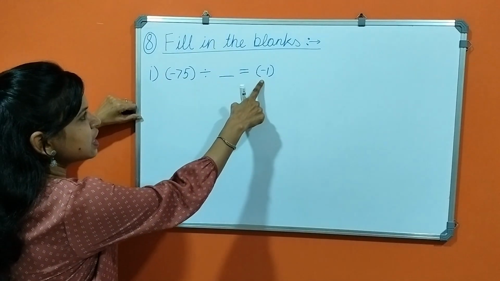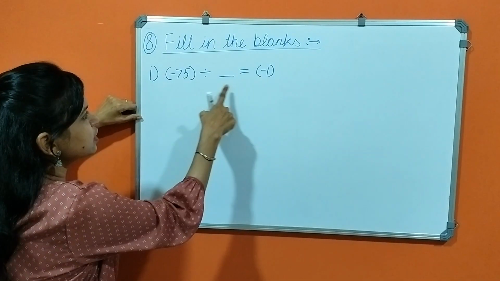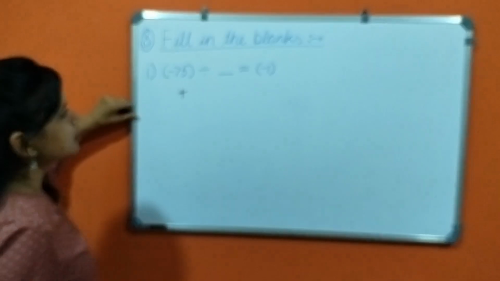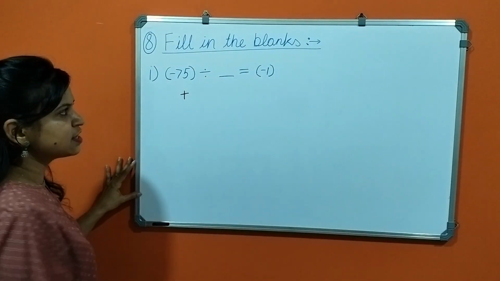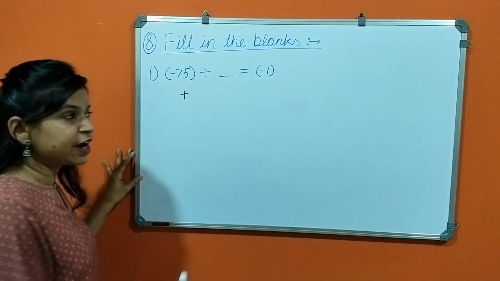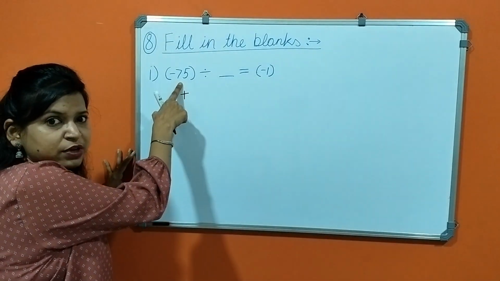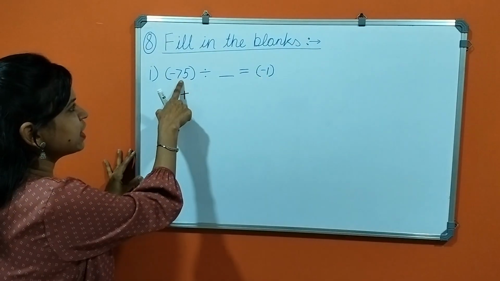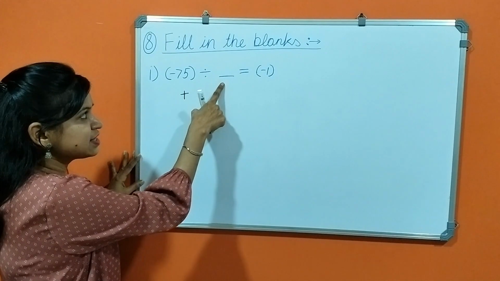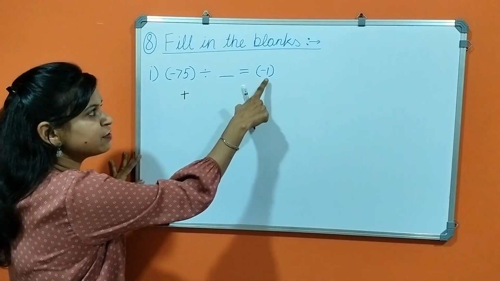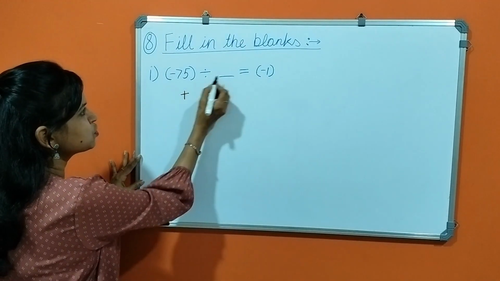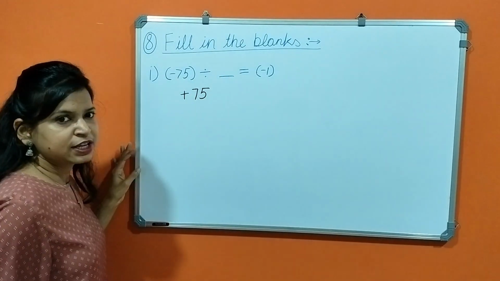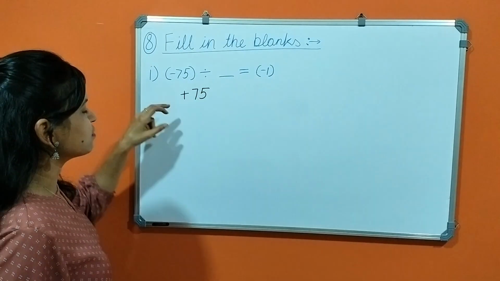Then only will we get a negative sign in the answer. When we divide a number by the same number, we get the answer 1. So if we divide 75 by 75, then only we will get 1. So here we will divide it by 75. Then our answer will be -1.